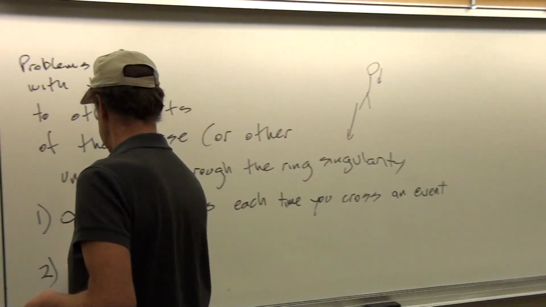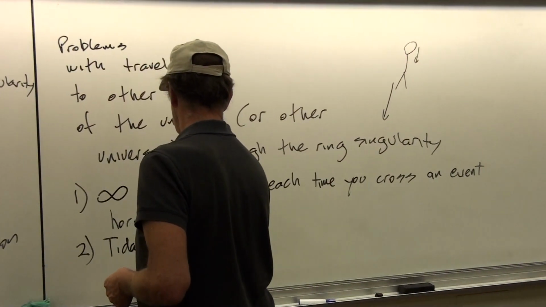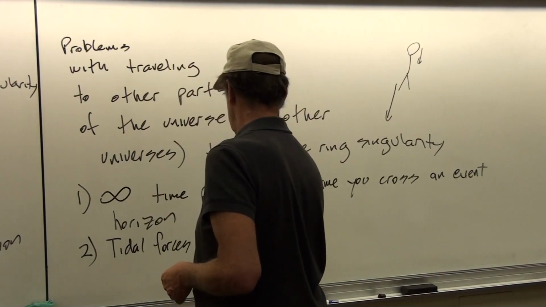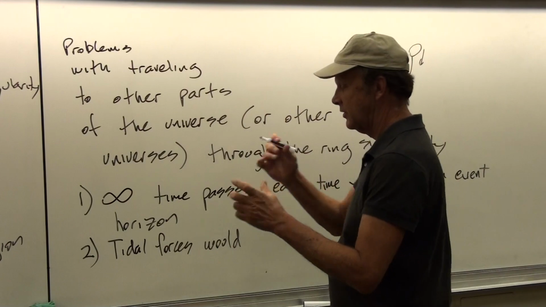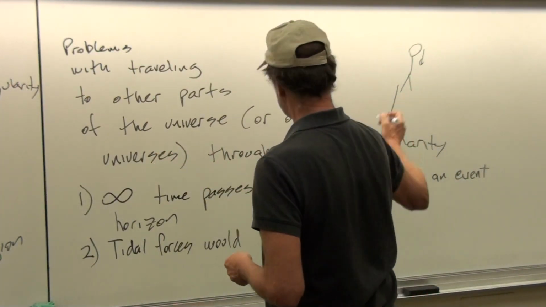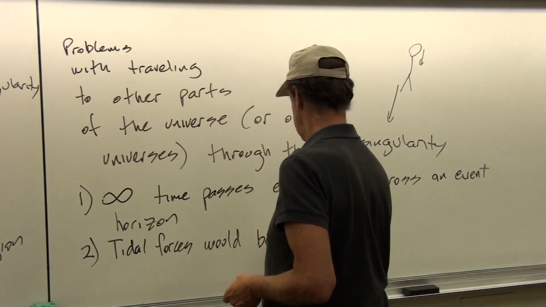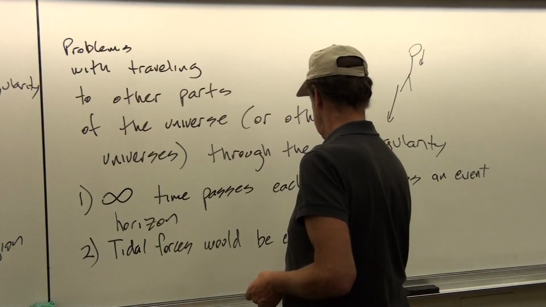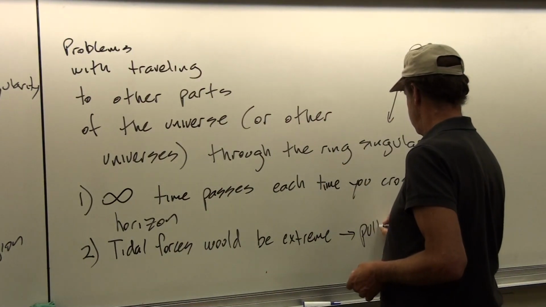So the tidal forces would pull you apart. This is just like the kind of tidal forces that act, say, with the Earth on the moon to stretch the moon. Okay? But here, the tidal forces would be much more extreme. And they'd pull you apart multiple times.